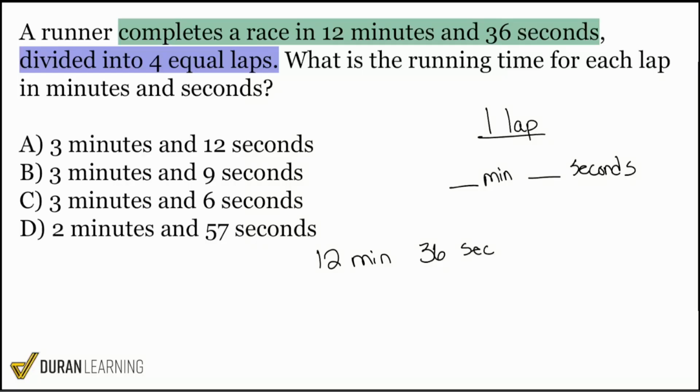But overall, everybody, don't lose sight of the overall purpose. What is the overall thing that we're doing? We're taking the amount of time that we're given, and we are simply going to divide it by what? Yeah, we're simply going to divide it by 4. That's it. That's the goal here.